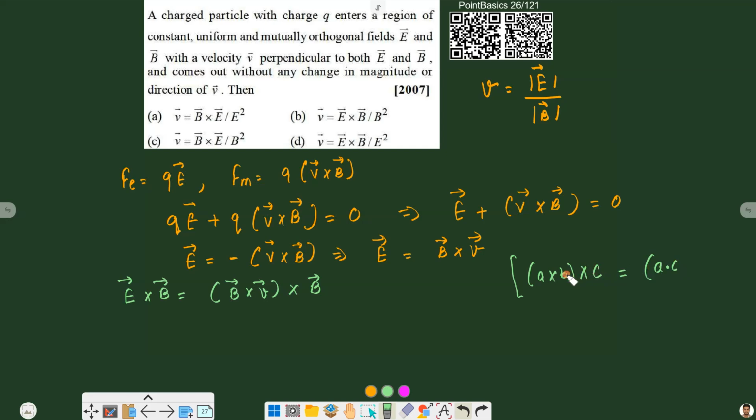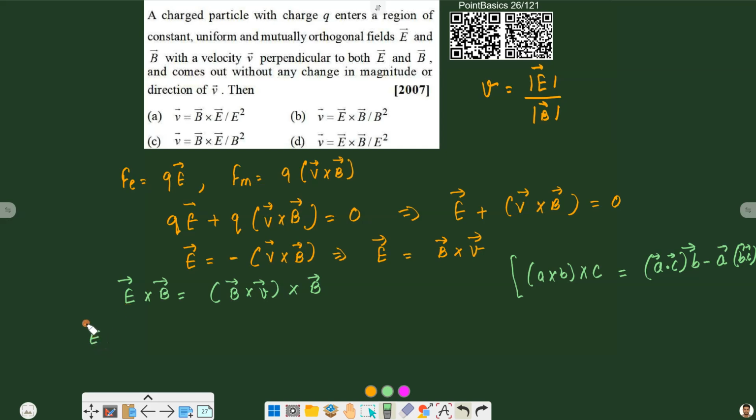C comes in and B goes out, so we have A dot C into vector B. In the next term, B comes in and A is out, so we have A vector into B dot C. This is the identity we are going to use here.